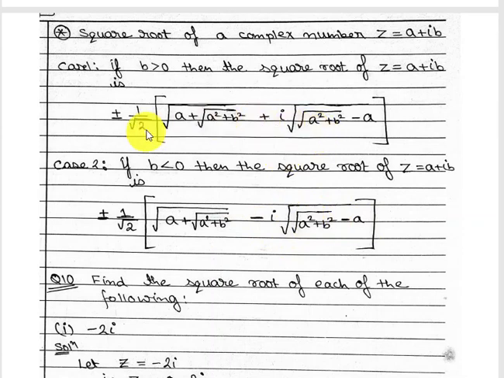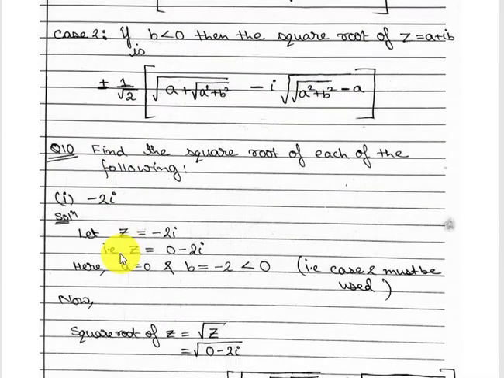The only difference is the sign: if b is positive then plus is over here, if b is negative then minus is over here. The rest is the same.